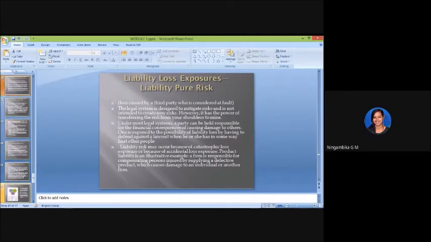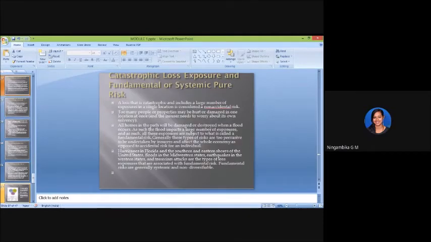Coming to the next one: catastrophic loss exposure and fundamental or systematic risk. A loss that is catastrophic includes a large number of exposures in a single location and is considered a non-accidental risk. Just now I said there were four buildings; one building caught fire, and the other three were very close to it. Due to the fire's heat, the other three buildings also burnt in series.